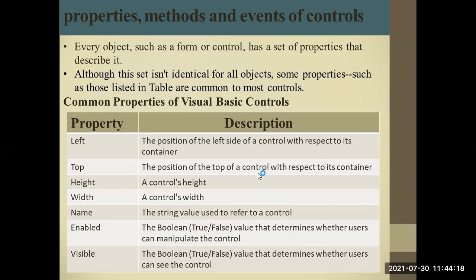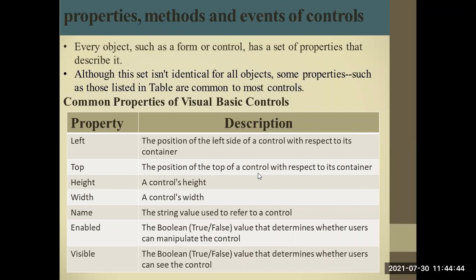Then Enabled. This property is very important. Sometimes we need to enable and disable the control. This will have a boolean value, that is, true or false. This value determines whether the control is enabled or disabled for access.